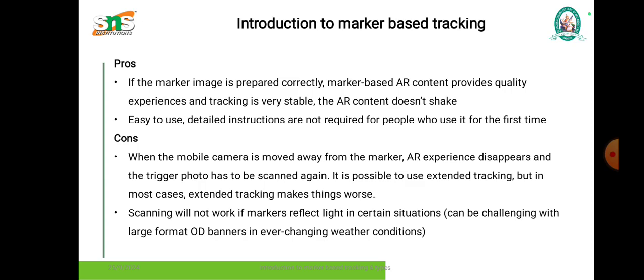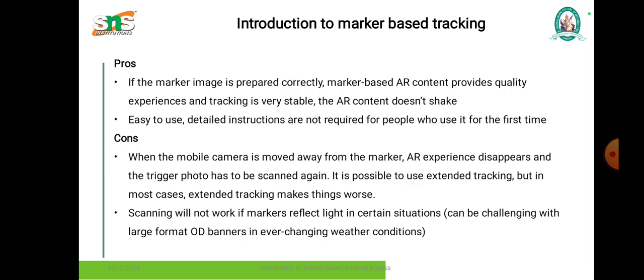The cons are, when the mobile camera is moved away from the marker, the AR experience disappears and the trigger photo has to be scanned again. It is possible to use extended tracking, but in most cases extended tracking makes things worse. So this is the main con of marker-based tracking.